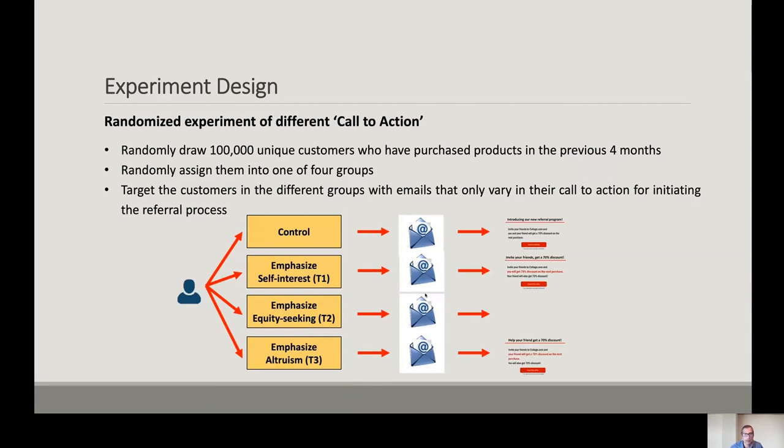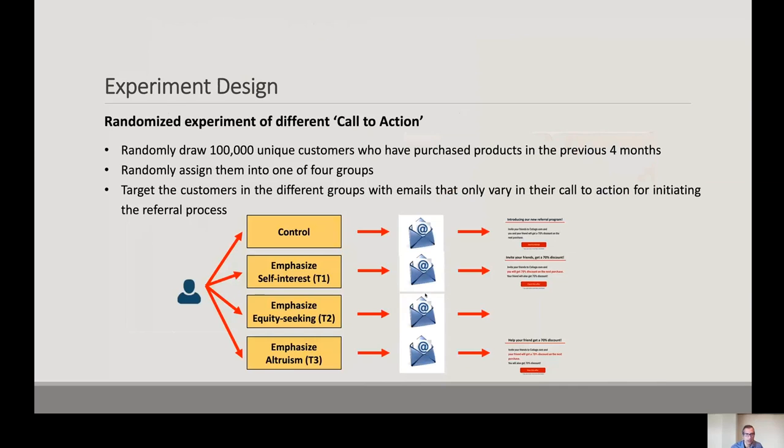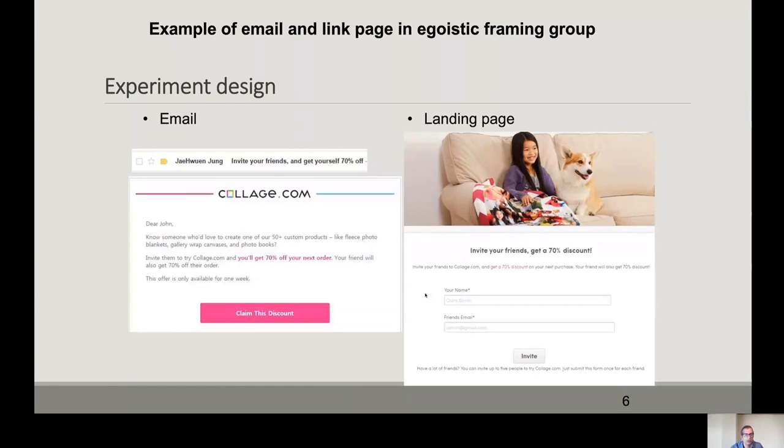So let us go on and show an example of how the email and the landing page in the email show up in the egoistic framing group, right? The egoistic framing group, of course, is the one where the self-interest is emphasized. So you can see this email, dear John, right?